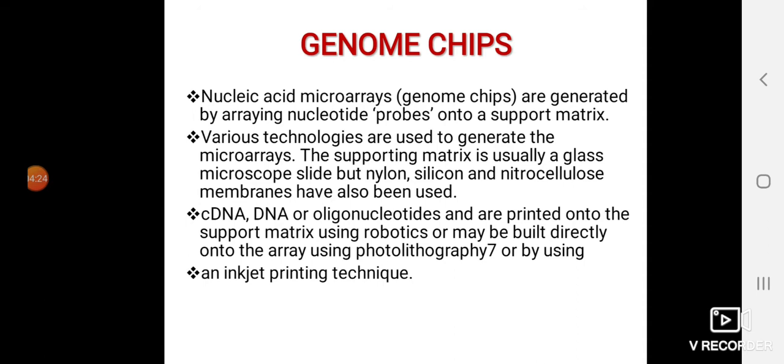Nowadays they are using Affymetrix matrix also, and these oligonucleotides are printed onto the matrix by using robotics or photolithography, or people are even using an inkjet printing technique for attaching the probes onto the chip.